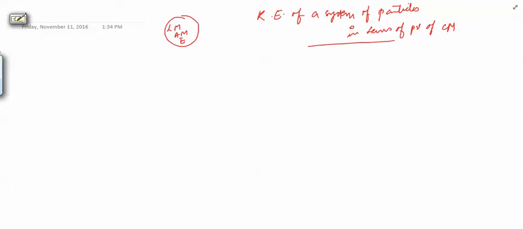It is very simple. What is the picture? We have these n particles: first particle, second particle, and so on. This is your ith particle, and then somewhere you have your center of mass.